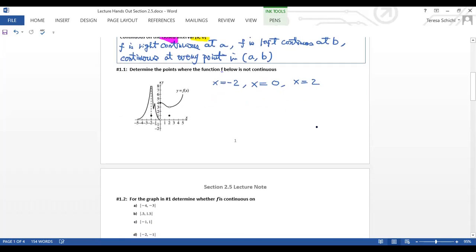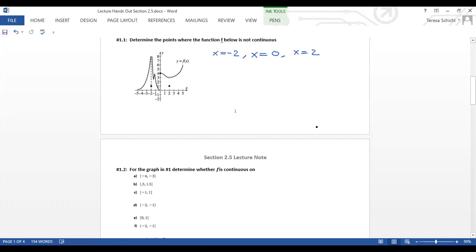Now let's take a look at the second example, to make sure we understand the definition of continuity. The first one: f is continuous on -4 to 3. -4 to 3 is from here to here. So this is my function. Is it continuous?